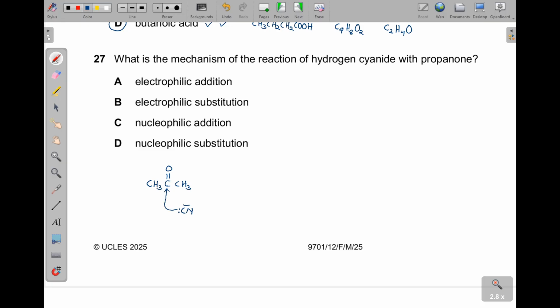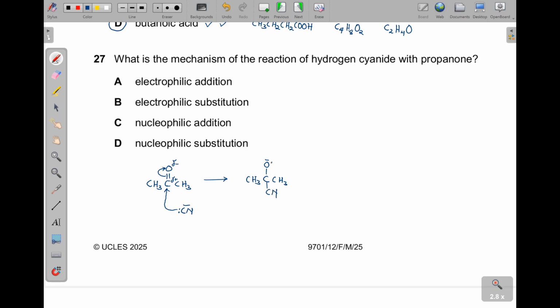But this carbon has to be partially positive, and the oxygen, being more electronegative than carbon, has to have a partial negative charge. So when these electrons come to this carbon, the pi system is broken. Then we have CH3, then C, then O with a minus here, and then CH3, with the cyanide attached to this carbon.